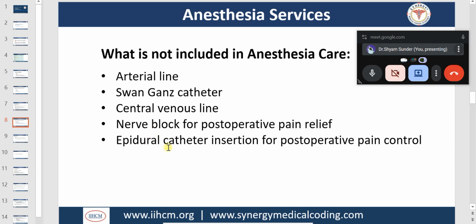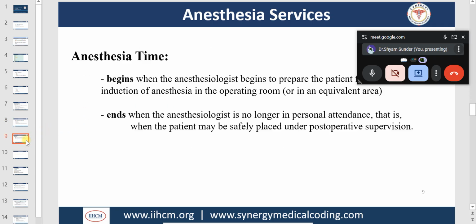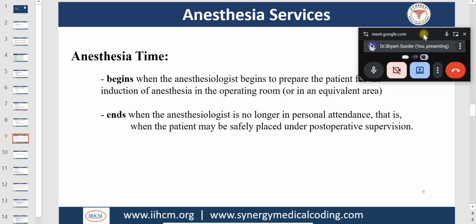These nerve block and epidural catheter can be billed separately. You can bill them. So you have to remember these five services. You're not going to miss them. Right? We are discussing the anesthesia billing concepts or coding concepts.